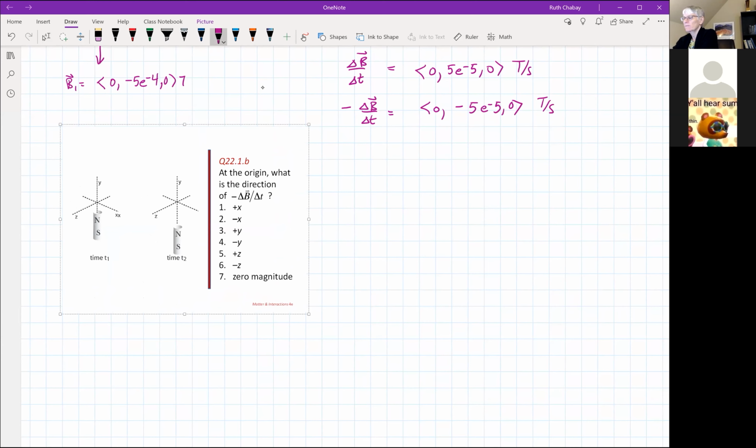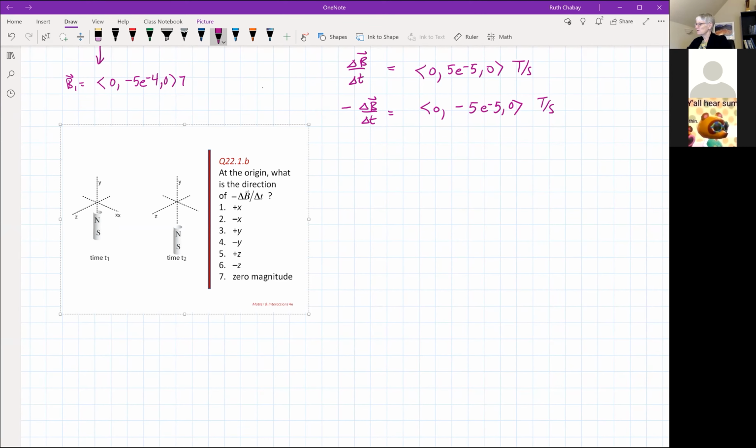So at time t1, it's closer. At time t2, it's farther away. During this interval, what is the direction of negative delta B over delta t? Okay, think about this for a second and see if you can work it out.